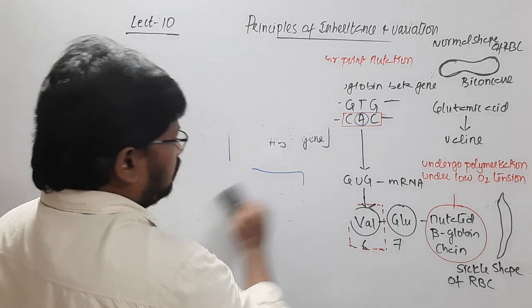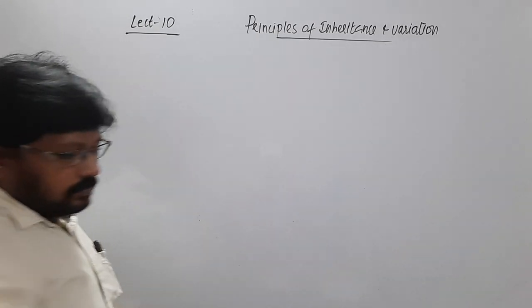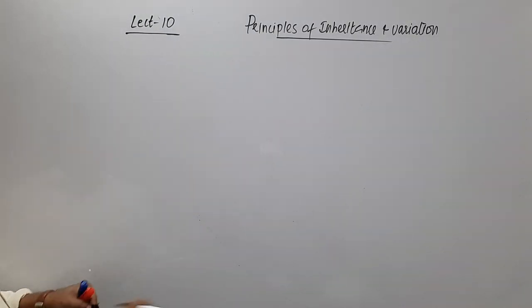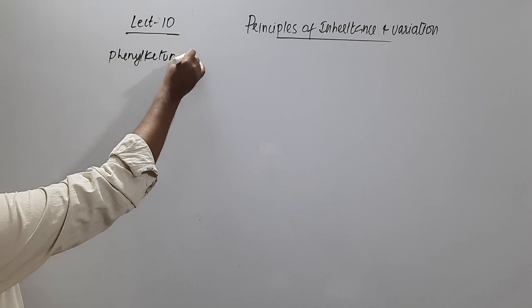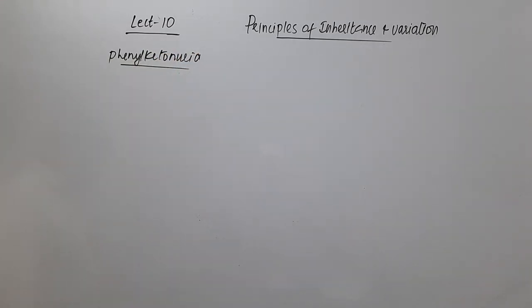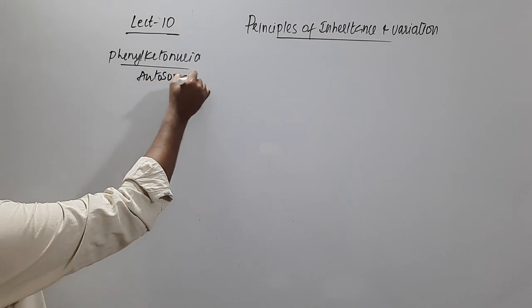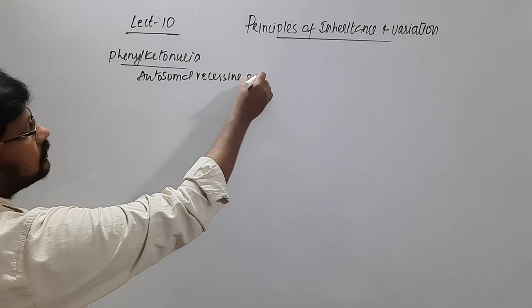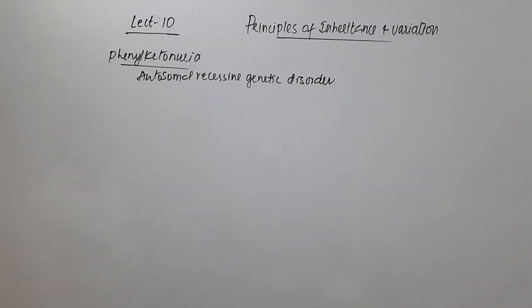Next we'll see about phenylketonuria. The next genetic disorder we'll see is phenylketonuria. This phenylketonuria is an autosomal recessive genetic disorder, as I have mentioned earlier.